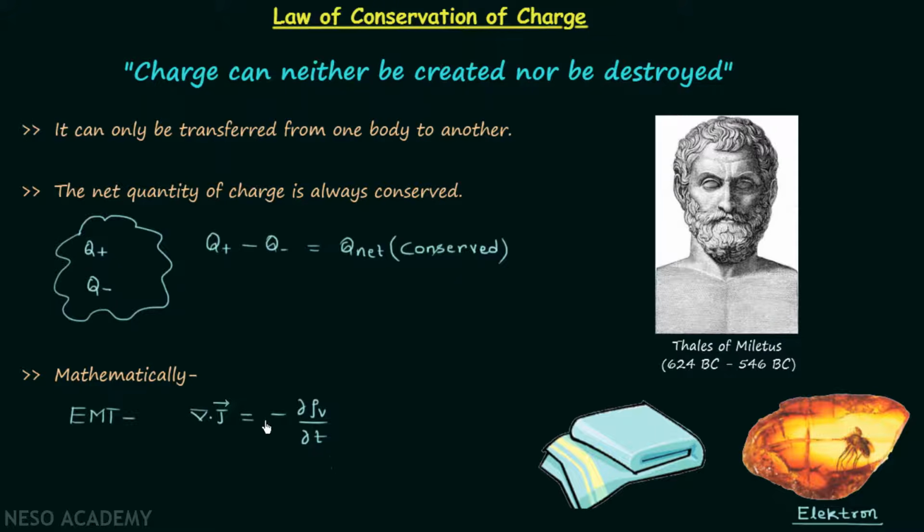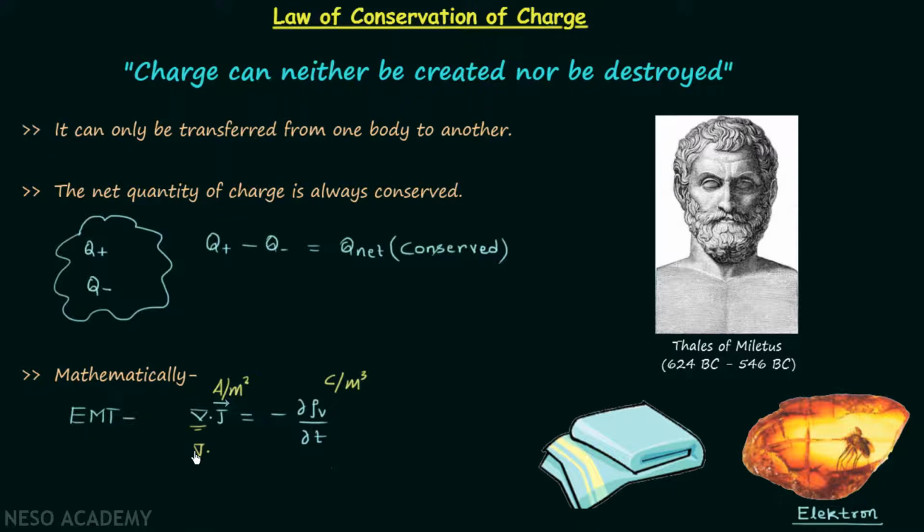In this equation, del is known as the three-dimensional gradient operator and del dot is known as the divergence operator. J is the current density having the units ampere per meter square. Rho V is known as the volume charge density having the units coulomb per meter cube.